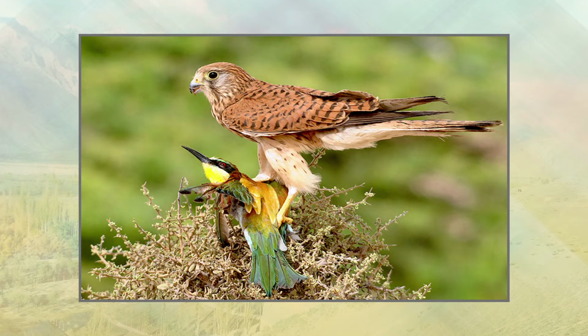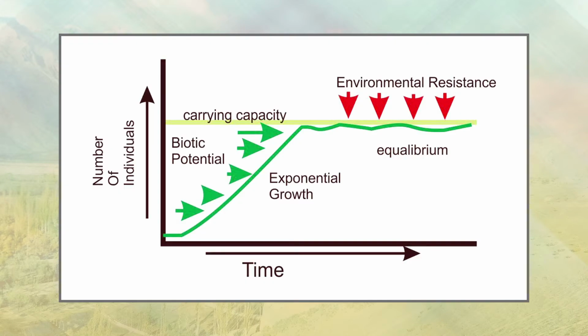This is called resilience. In nature, factors like predators, diseases, food scarcity, etc. prevent a population from soaring towards infinity. The sum of all these factors which prevent a population from growing at its maximum rate is called environmental resistance.